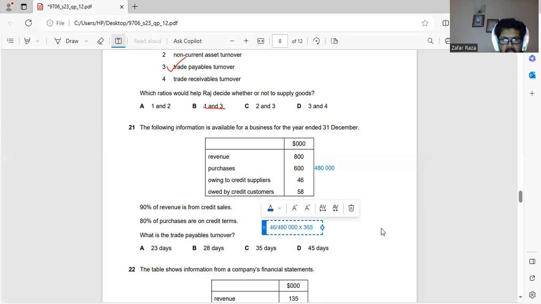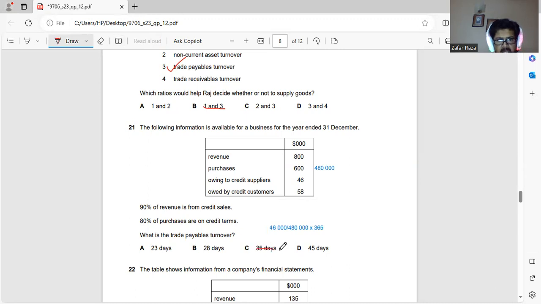No, no. Sorry, 46,000 multiplied by 365 divided by 480,000. That would make 34.9, which means 35 days. What I was getting wrong is that this is 46,000. 35 days, C option is the answer.